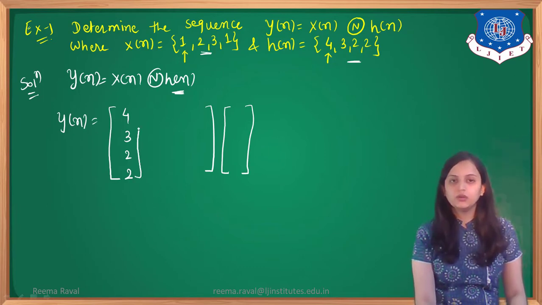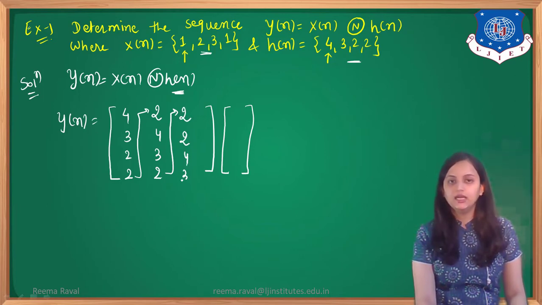Now this last 2 is to be placed above in the second column. So next will be 2, 4, 3, 2. Now this last value will be placed at the first. This will become 2, 2, 4, 3. That means all other values are shifted downwards. Same way, the last column will become 3, 2, 2 and 4.